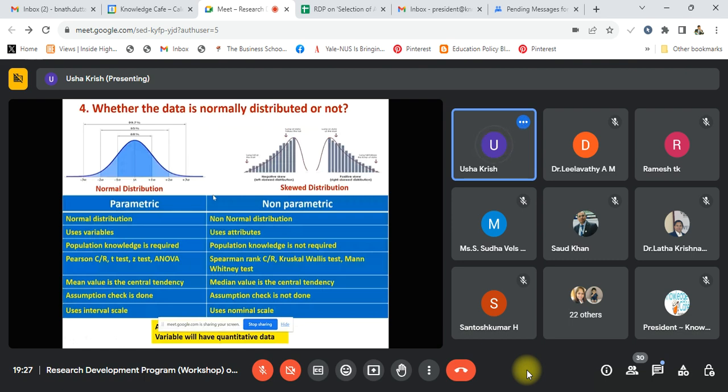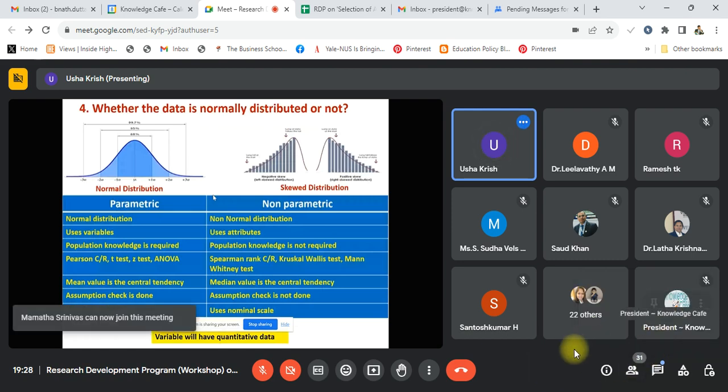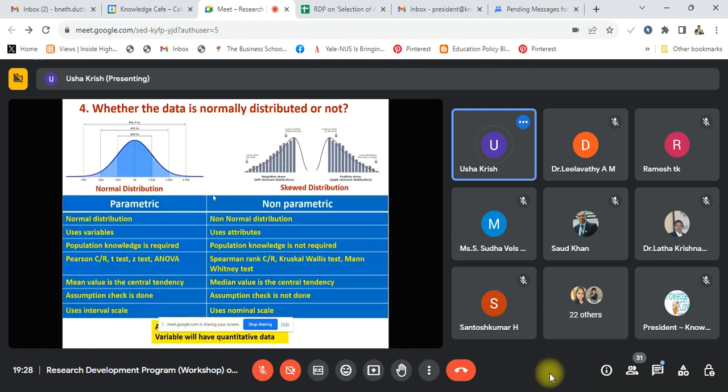Now, let us spend some time to know the difference between parametric and non-parametric test. The first one, parametric test uses variables, whereas non-parametric test uses attributes.